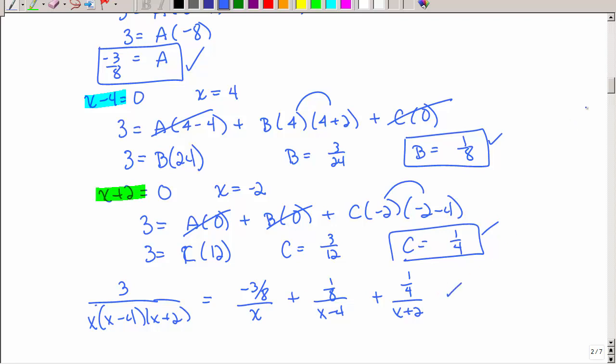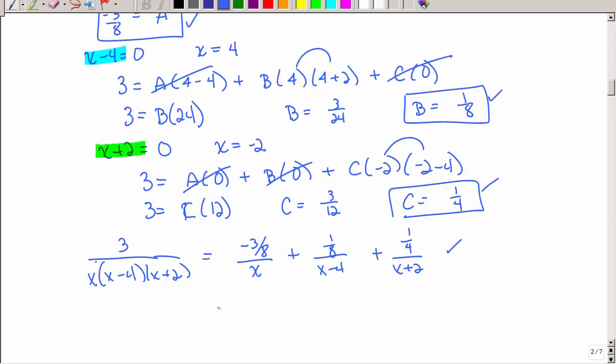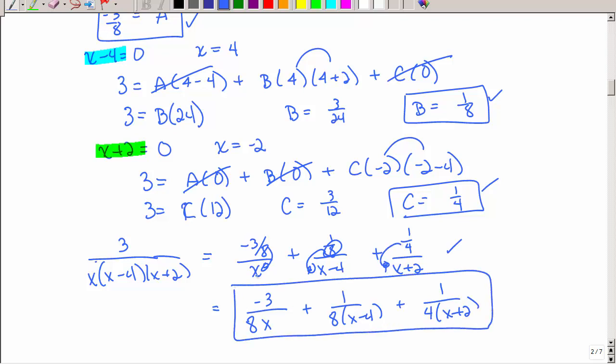You can rewrite the fractions like that, but that's going to be ugly. How most people would write this is negative 3 over 8x, bringing that into the denominator, plus 1 over 8 times x minus 4, again bringing that into the denominator, plus 1 over 4 times x plus 2. That just looks a little bit nicer. So again, you could actually check your work by taking these three fractions, adding them together by finding a least common denominator, collecting like terms, and you should get back what you started out with.